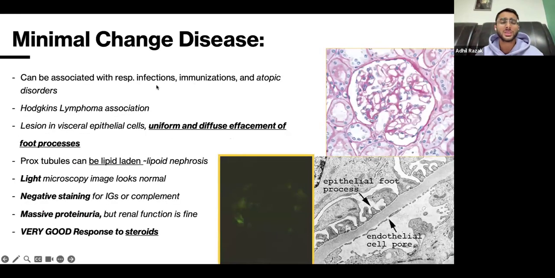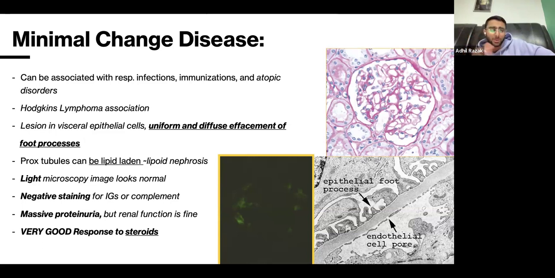This can be associated with respiratory infections, immunizations, atopic disorders, Hodgkin's lymphoma, and you only see it in electron microscopy. You see uniform and diffuse effacement of the foot process. And as seen in the question, the patient also has hyperlipidemia, and the proximal tubules could be lipid laden.